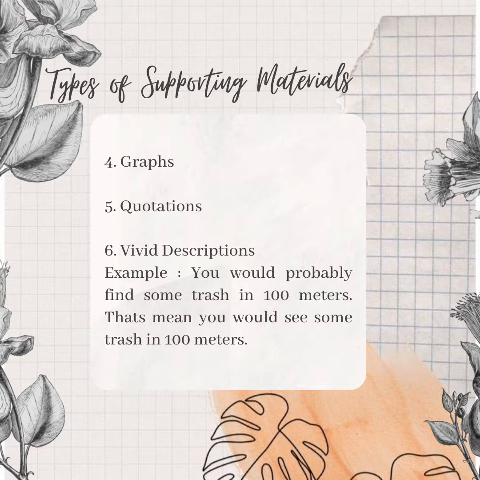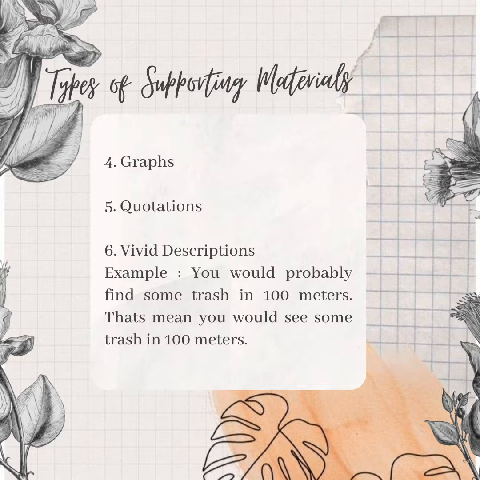What is vivid description? Basically, vivid description is to trigger readers' five senses: the sight, smell, sound, taste, and touch. For example, let's go into the go green things again.